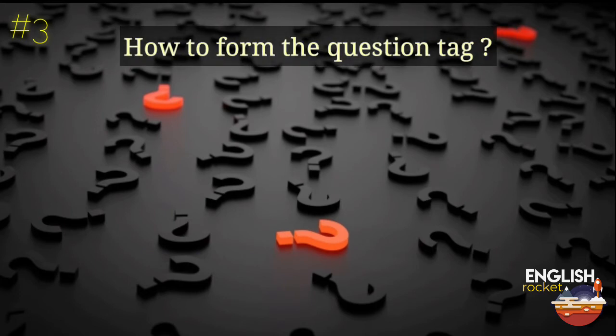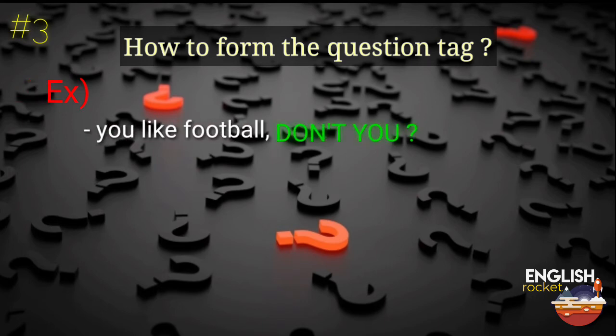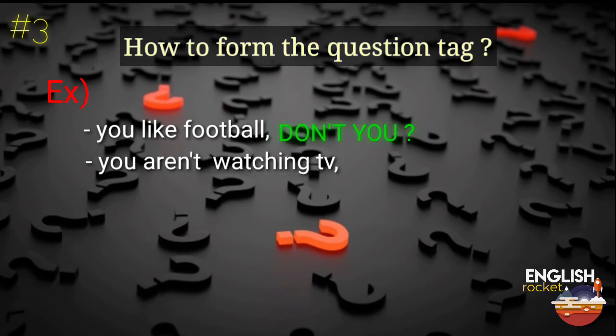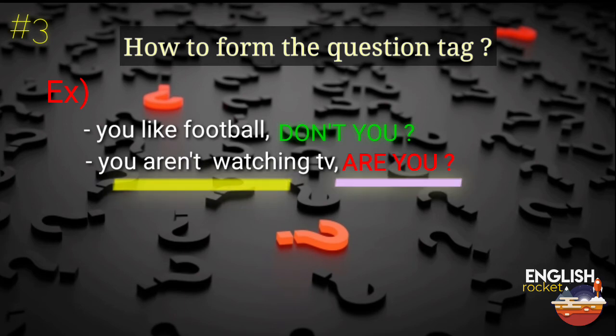Now, let me show you how you can form a question tag. Let's take the following examples for explanation. You like football, don't you? You are not watching TV, are you? As you see in the examples, in the question tag, we have two parts. We have the statement and the short question that we are adding at the end of this statement.